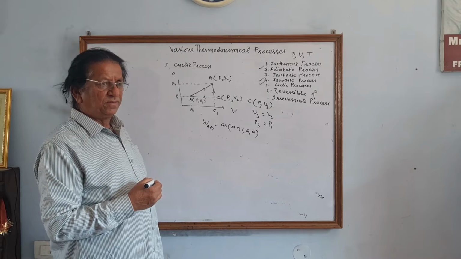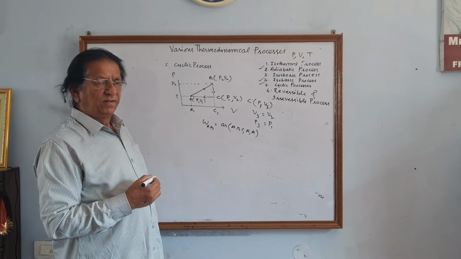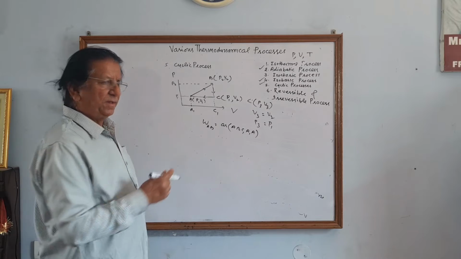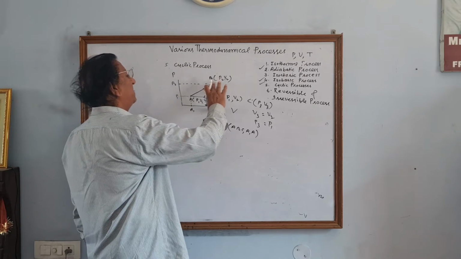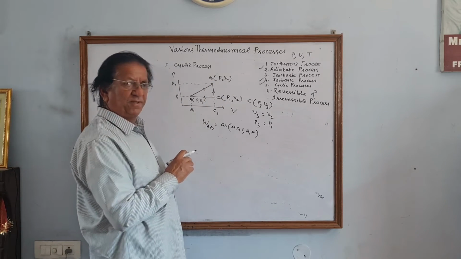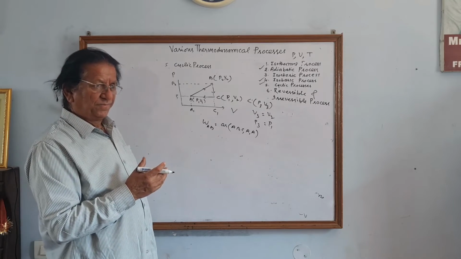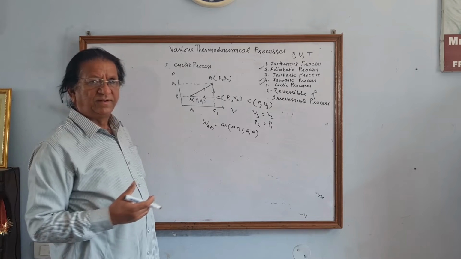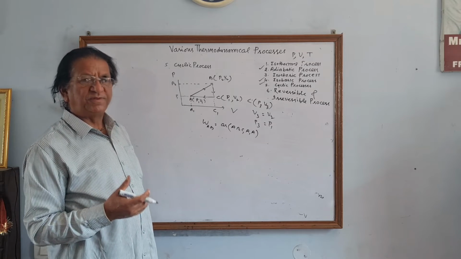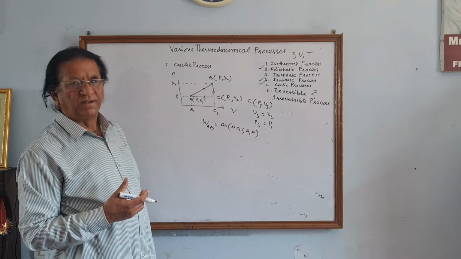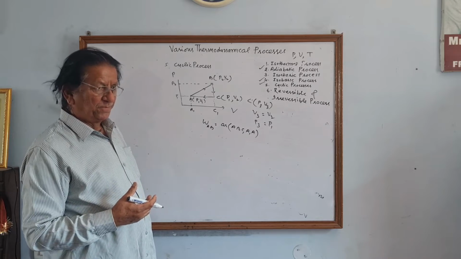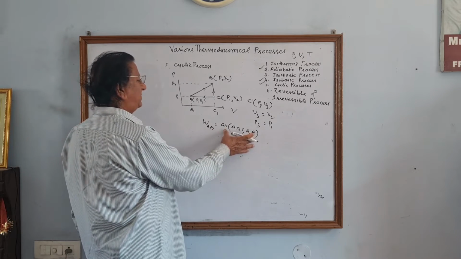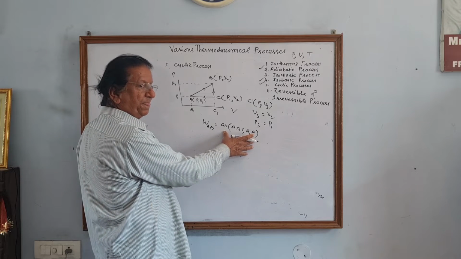A trapezium is a quadrilateral where one pair of opposite sides is parallel, not equal. This is parallel to this. One pair parallel, unequal, forms a trapezium. So the work in terms of area is this.